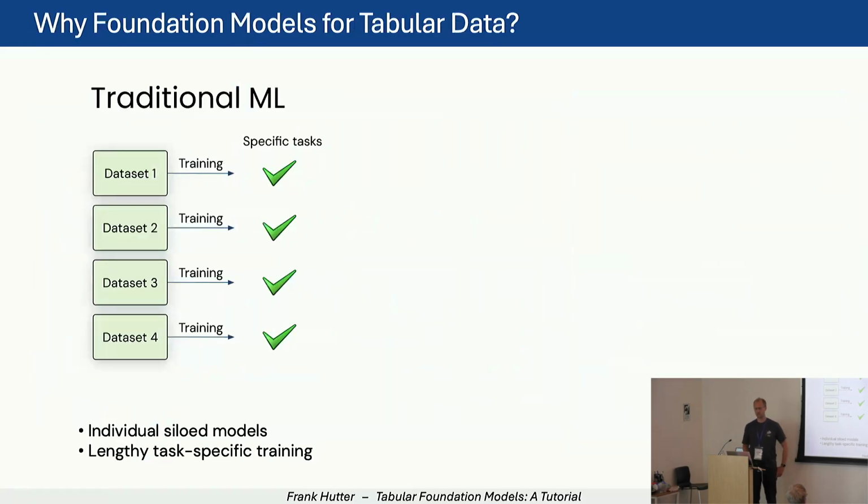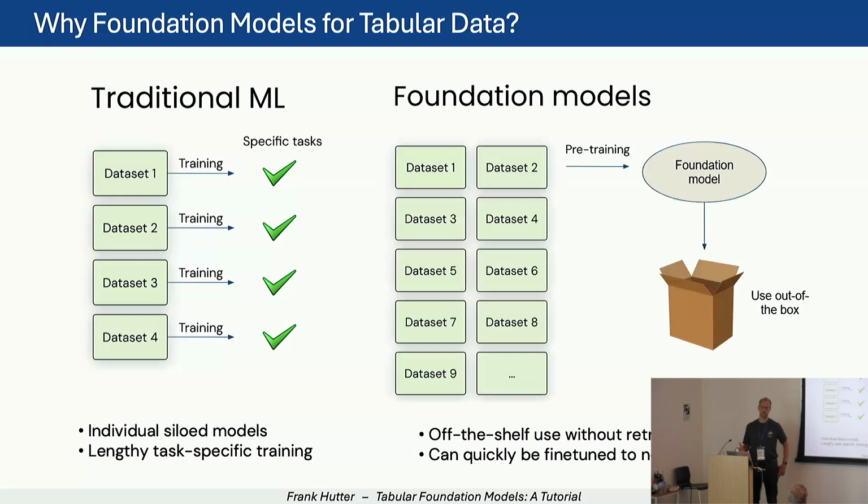So why do we want foundation models for that, other than the great performance? Well, with traditional ML, for every data set, you have to start new, and that leads to individual siloed models. It's sort of this lengthy task-specific training. And in contrast, for foundation models, we have a lot of data sets. We have one costly pre-training phase, but then we can use the model out of the box without the costly training phase.